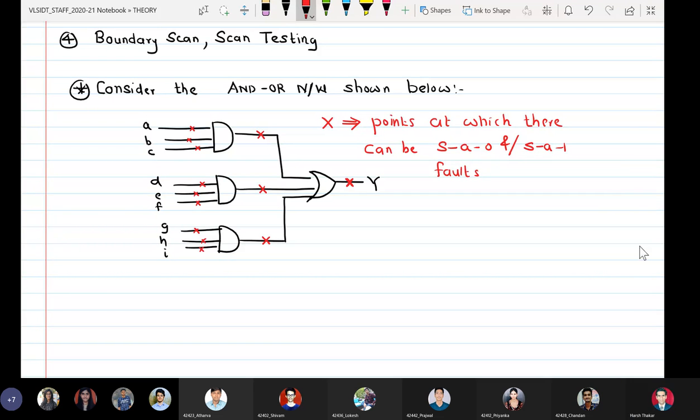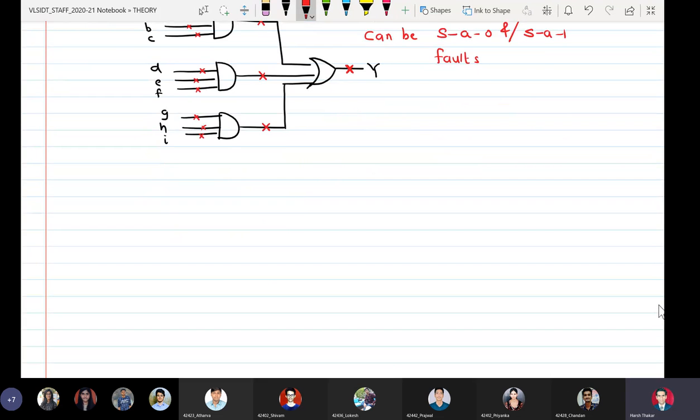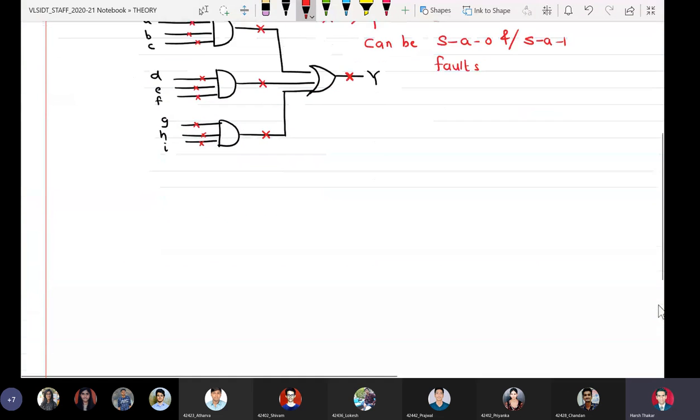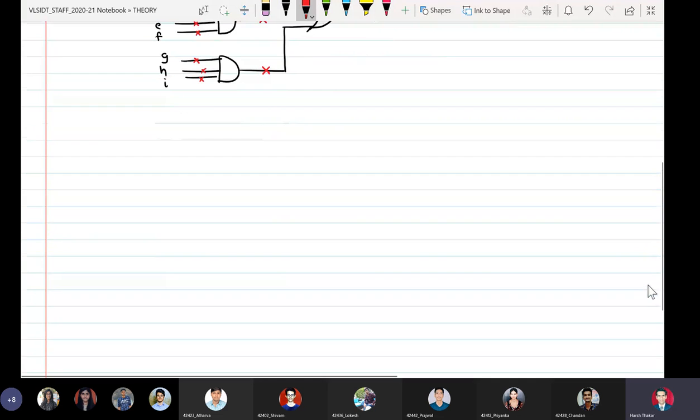faults. Okay? So that is why, depending upon the given network, we have to find what are called test vectors.